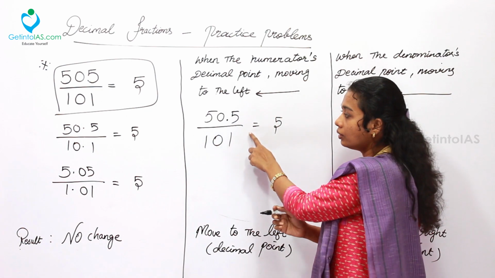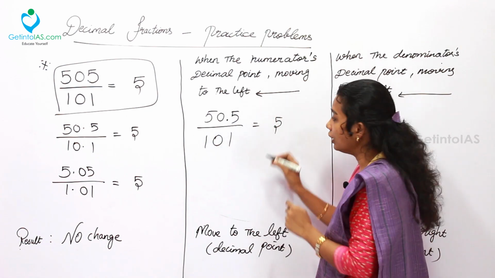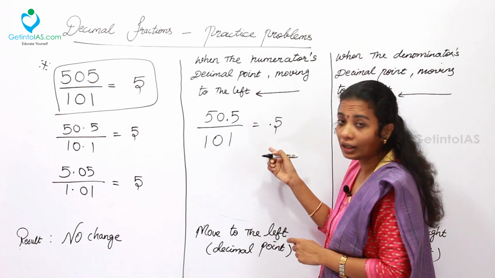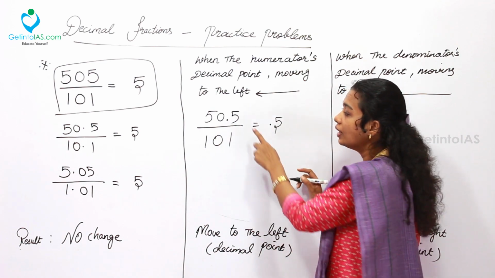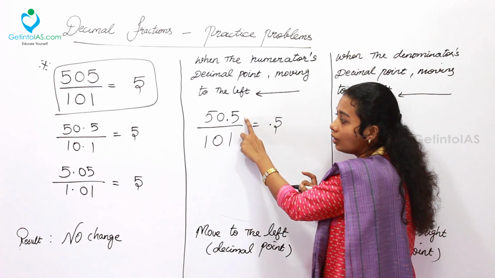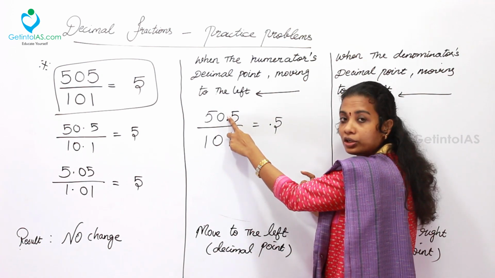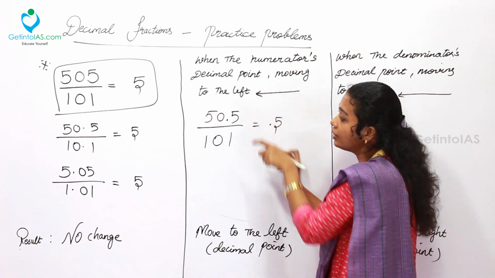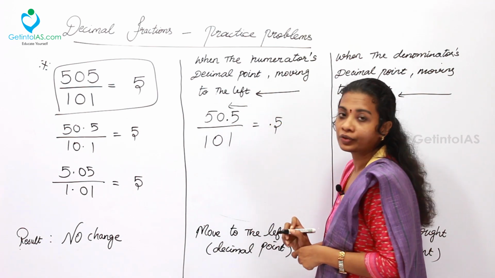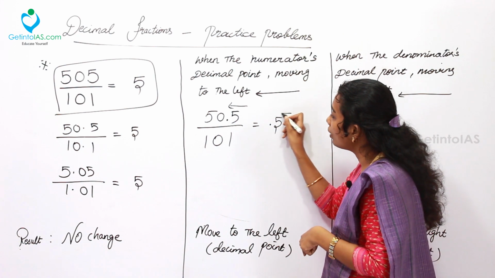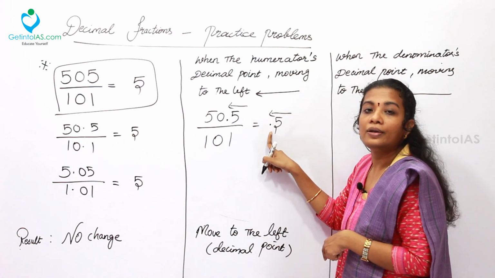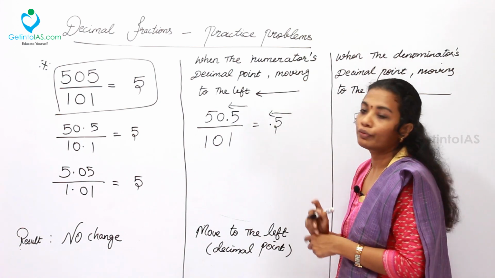Now if you do this in the calculator, definitely you will get 0.5. 5 will become 0.5. Why? Because the decimal point was moved by one digit, from after 5 to before 5.